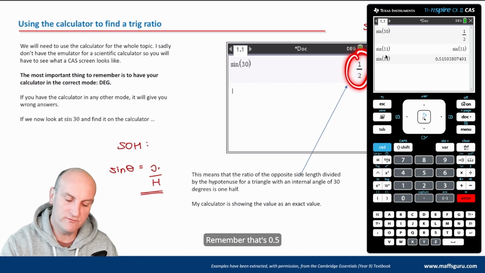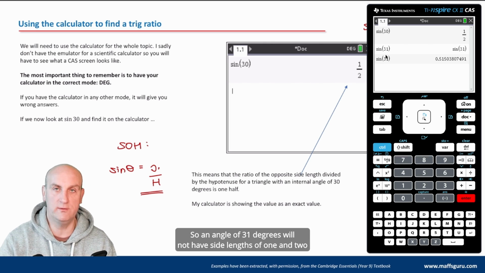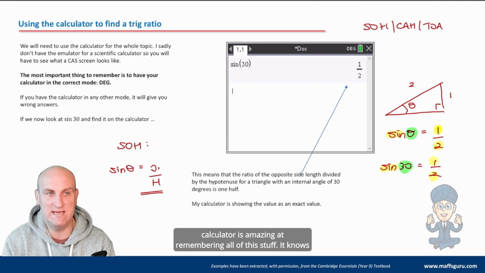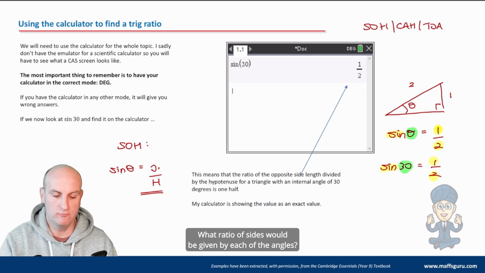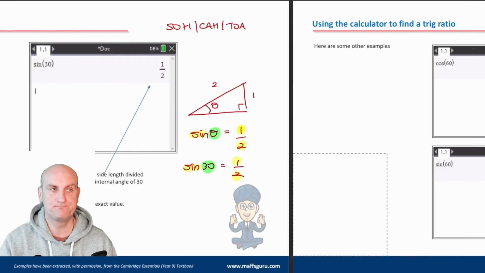Remember, that's 0.5. So an angle of 31 degrees will not have side lengths of 1 and 2. They'll have different side lengths. And your calculator is amazing at remembering all of this stuff. It knows what ratio of sides would be given by each of the angles.